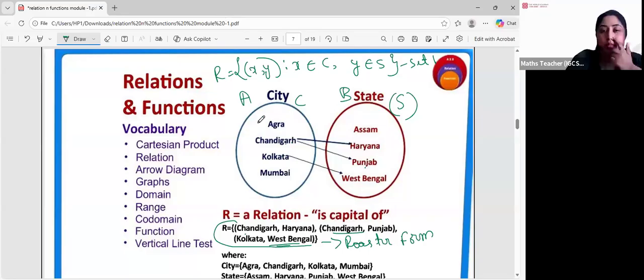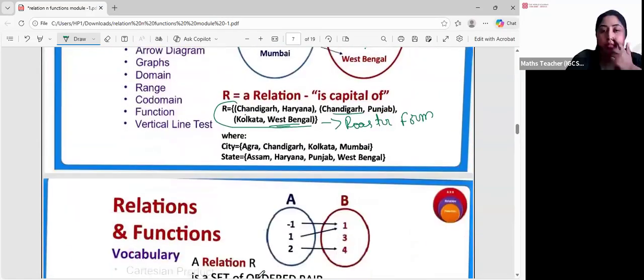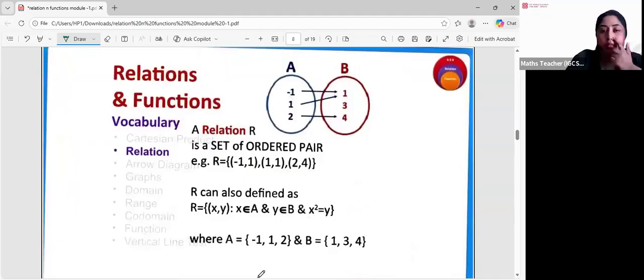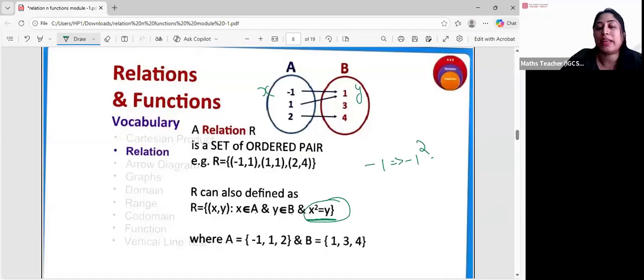So R can also be defined as R equals x comma y, where x belongs to A and y belongs to B, and the condition given is x squared equals y. This is the x element and this is the y element. For x equal to minus 1, minus 1 squared is plus 1.